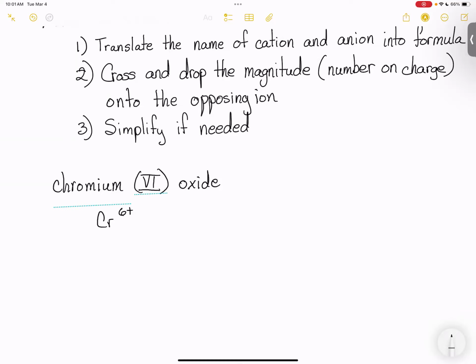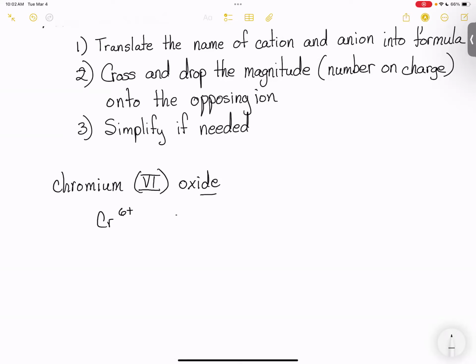And then oxide, the ending IDE tells me what type of ion is it? What type of anion? Is it an anion of an element, or is it a polyatomic anion? IDE typically is an anion of an element.